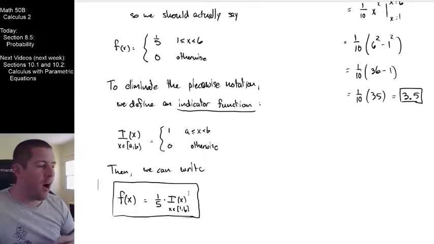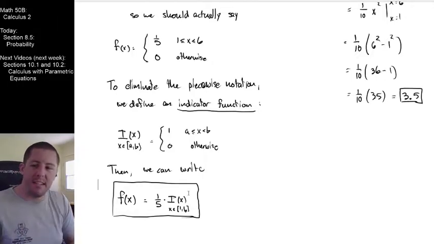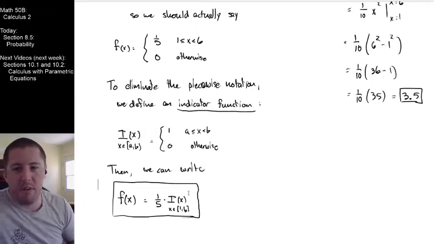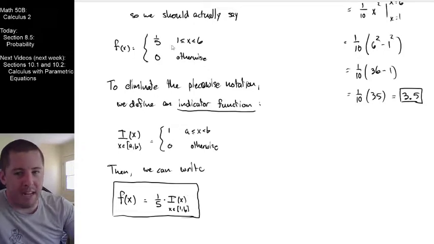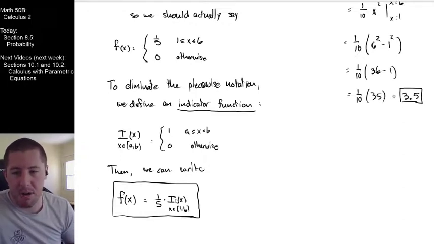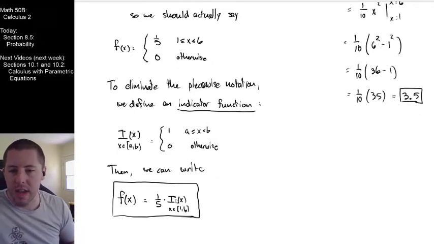So like I said, almost all of a probability class is going to be analyzing probability distribution functions, but almost every meaningful probability distribution function technically needs a piecewise definition, and that's really annoying. So it's very common to use these multiplicative indicator functions to represent when we actually have probability and when we don't.